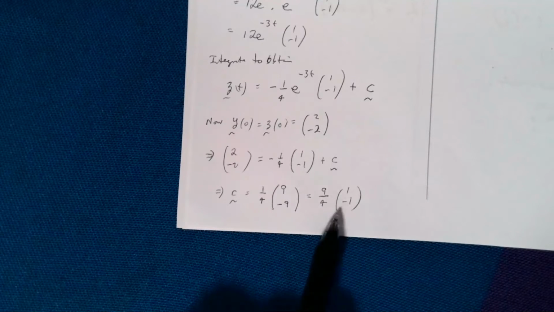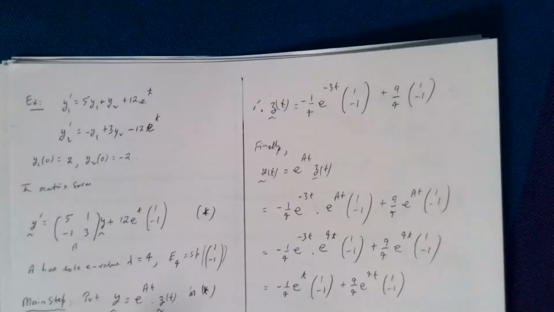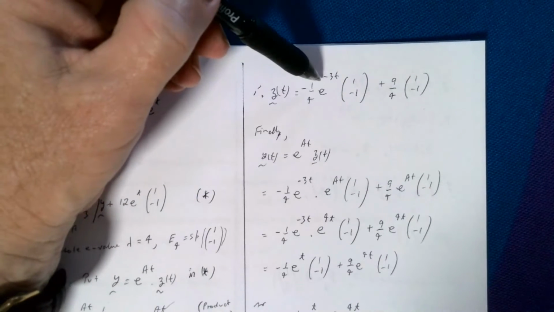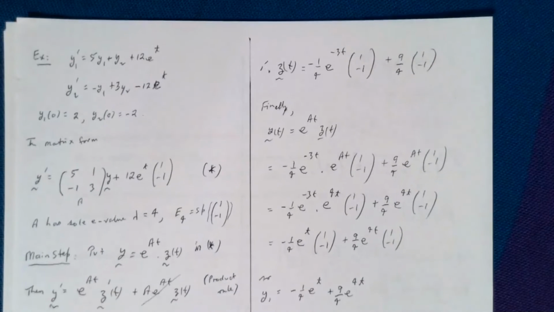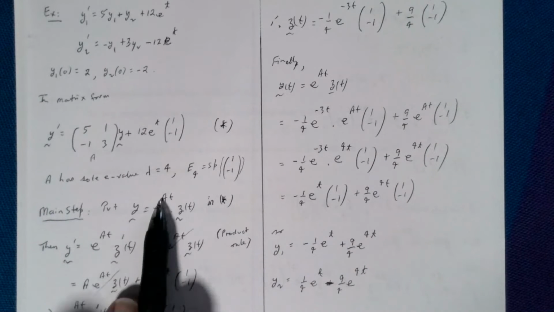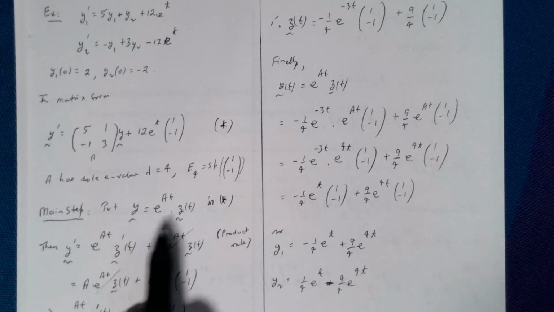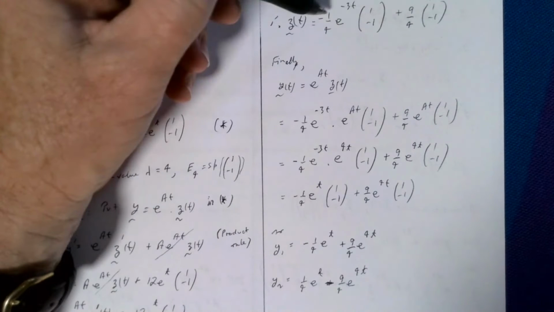Okay, we're going to plug this back now up into my z, and that's what I do next. So there's the z of t, this expression. Finally, then, we need to remember we made this change of variable y is e to the at times z, so we can recover y by multiplying by e to the at. So I multiply this mess up here by e to the at.